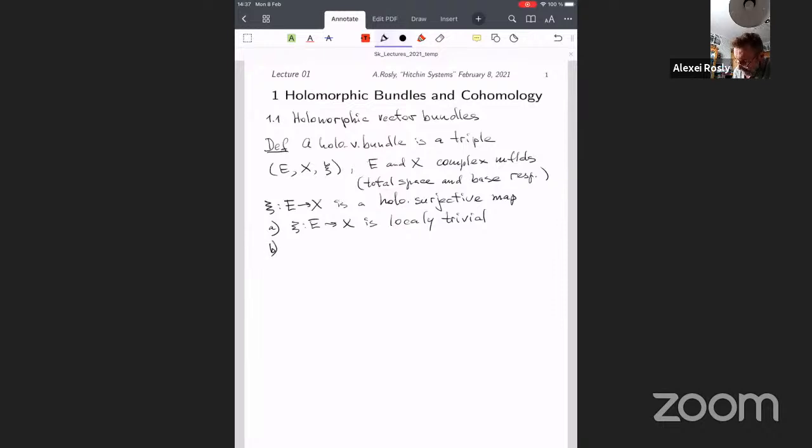And B is that for any point P in X, the fiber over it, which by definition is the preimage of P, is endowed with the structure of a vector space, in such a way that the operation of a vector space means that we can multiply with scalars, say complex numbers, and that we can add two elements. And both these operations should be holomorphic.